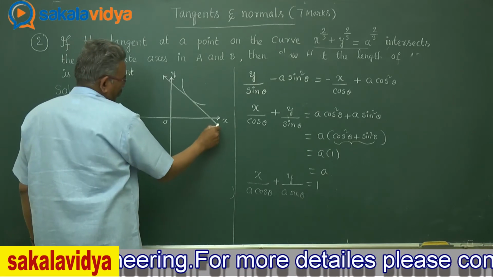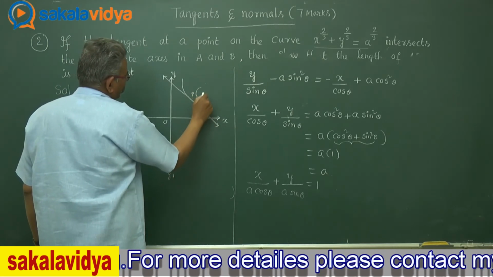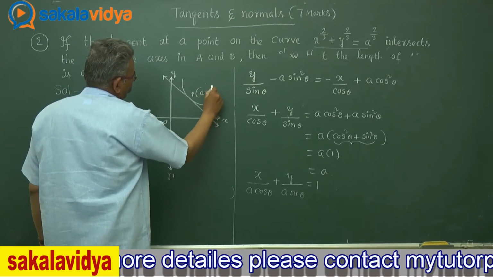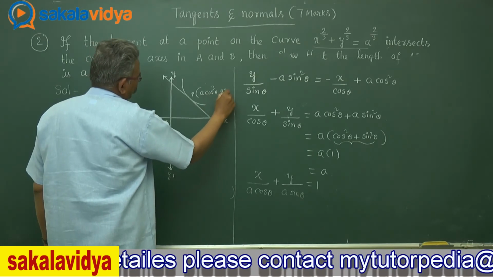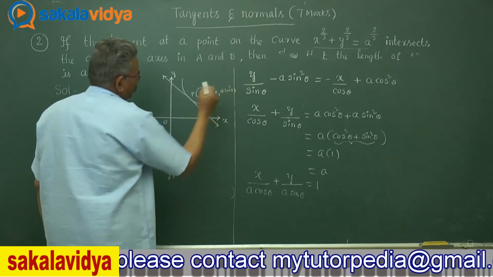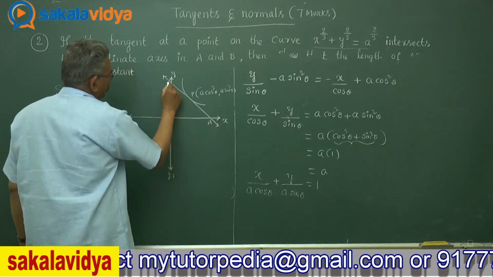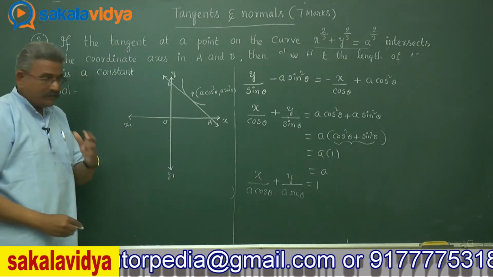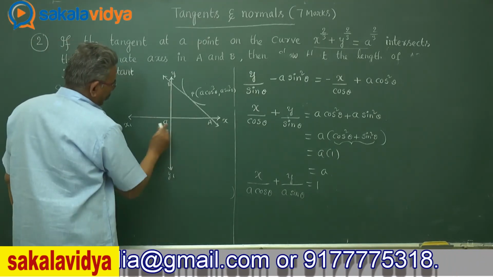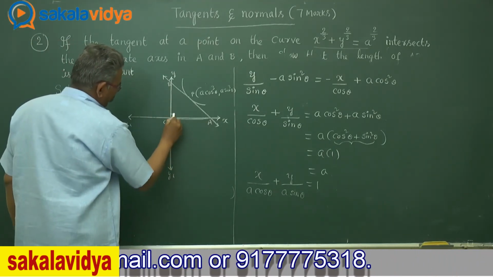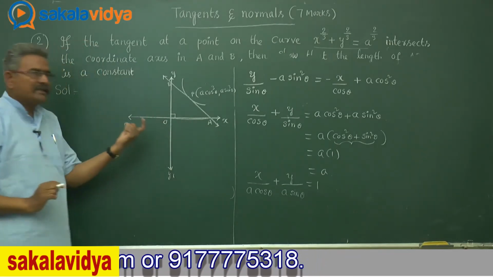At point P, that is a cos cube theta comma a sin cube theta, am I correct? This is A, this is B. Now we need to find AB. This is actually a right angle triangle. So now what does OA stand for?